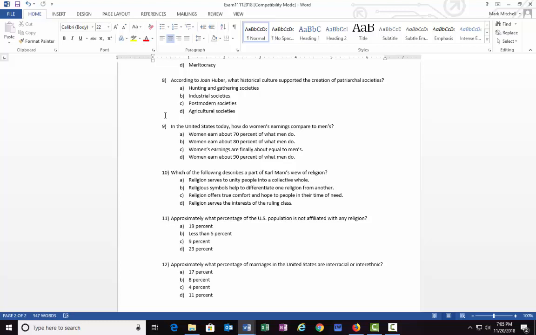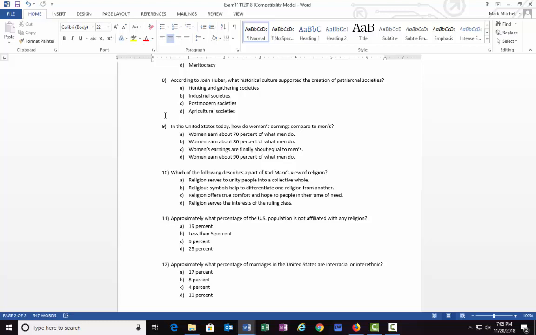Now remember, one of the key aspects of a patriarchal society is where men have the power and the money, or the wealth, or whatever's considered valuable. So A is not correct because there's really no difference between men and women in terms of their wealth or money, because nobody in a hunting and gathering society really has anything. It's just barely getting by.